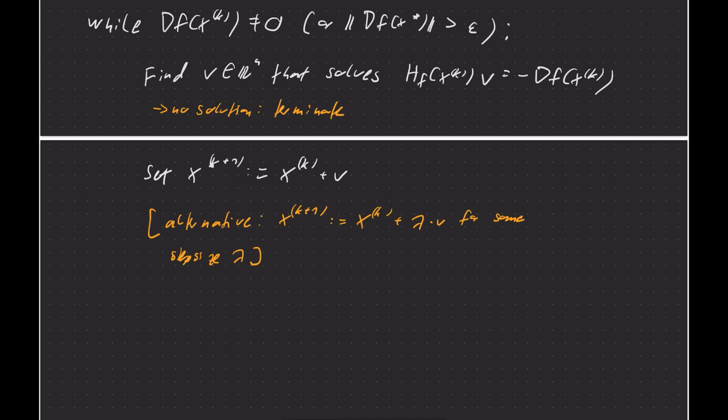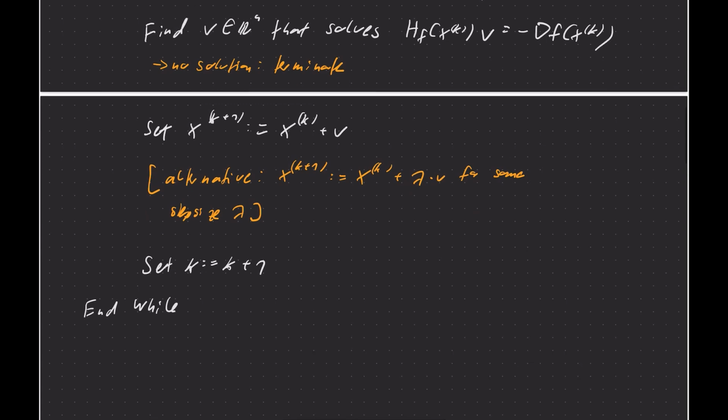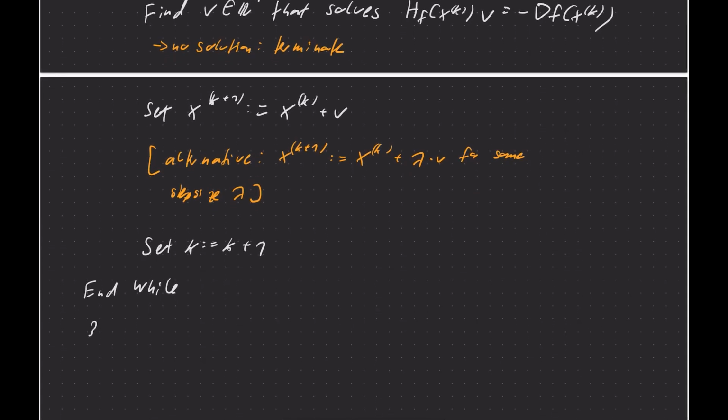You can pretty much use the same methods as in gradient descent if you want to do that. And once we have our new point, we just increase the counter k by 1, and that ends our while loop. And then finally, we just return x star, and that's the last value of our iteration, so that's the last xk.